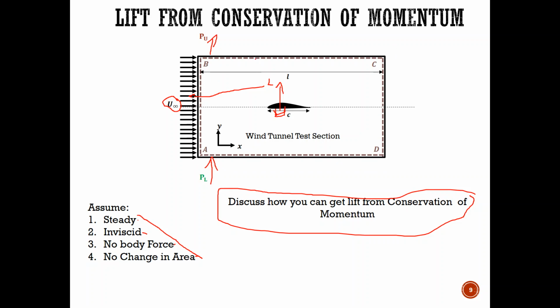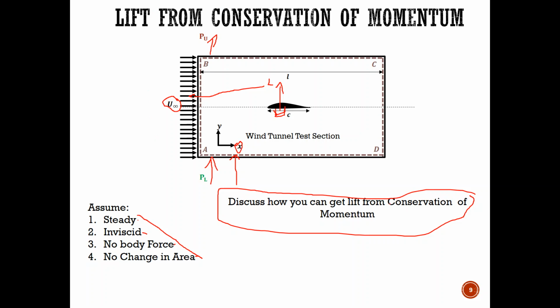So there's no mass associated with the y-axis. All the mass flux is assumed to happen only in the x-axis. So applying conservation of mass in the y-axis, you'll get 0 equals 0. So that doesn't mean anything.